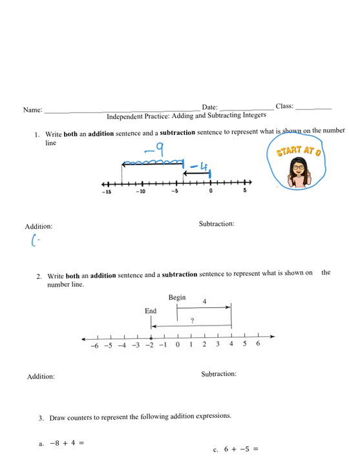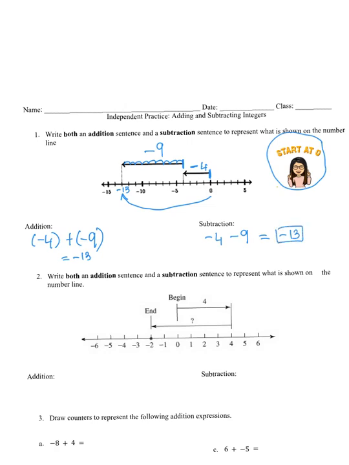So we have the addition -4 add -9. And you can see this is the answer. From 0, it gets to -13. So that is the answer. Subtraction, you have -4 minus 9, which is the same thing, -13.